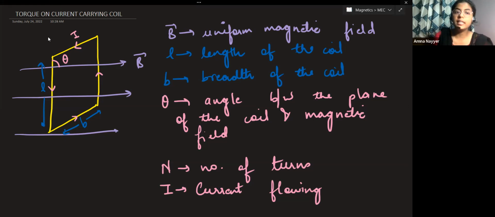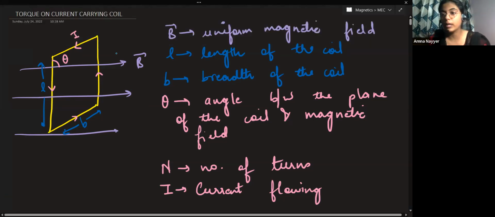Now comes the derivation part. Firstly, we are calculating the net force. Net force means the translation force, not the torque. All right. So for the net force, let's divide it into segments. Let's say this is A, this is B, this is C, this is D. Fine. I have divided into segments. Now, firstly, let's get the value of the magnitude of force.